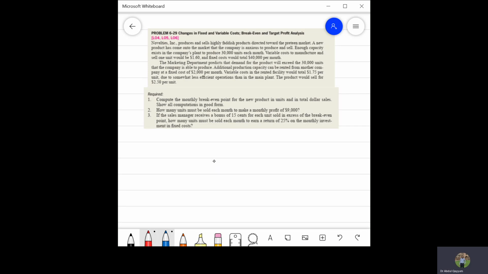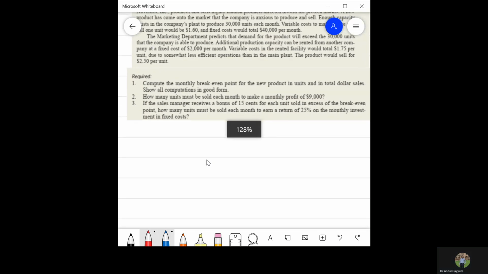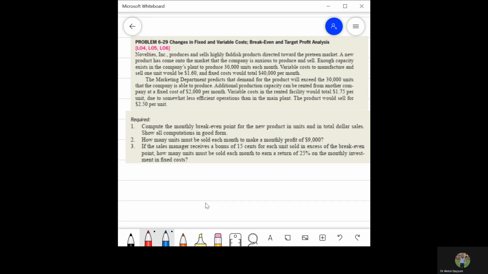Novelties Incorporation produces and sells highly faddish products directed towards the preteen market. A new product has come onto the market that the company is anxious to produce and sell.